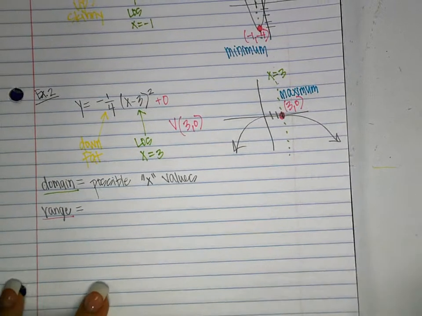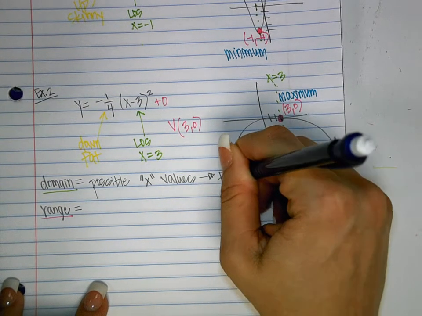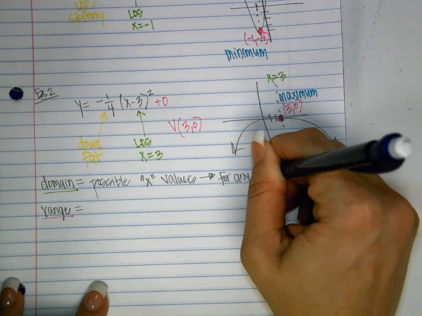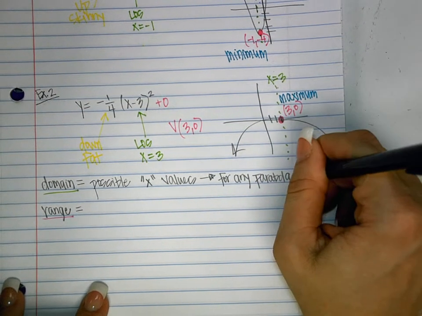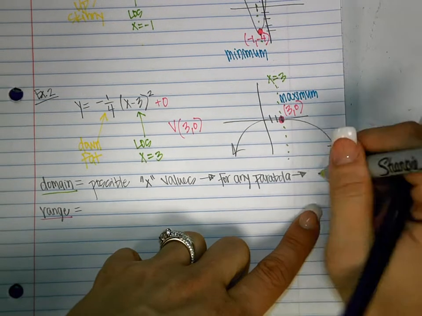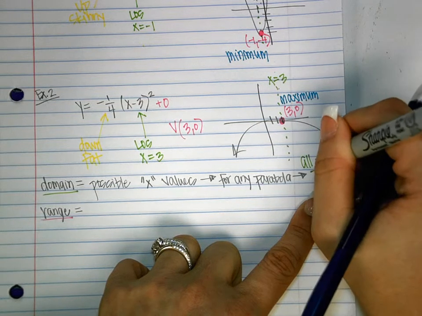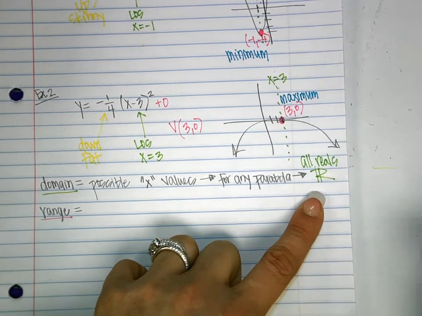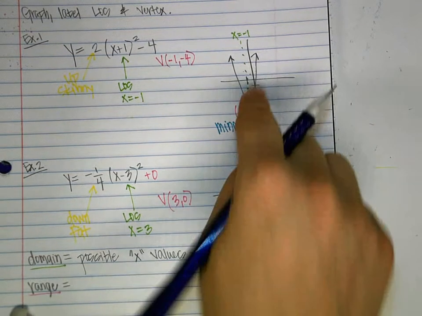The domain for all parabolas. Okay. For any parabola, the domain is all real numbers. All we do is write double R like that. That means all reals. So that means that any x value would be on this graph.